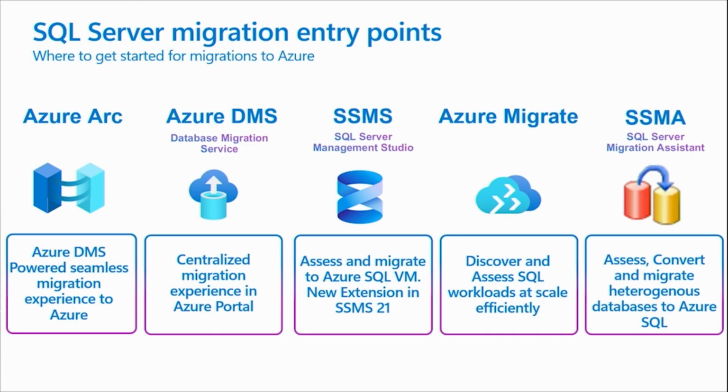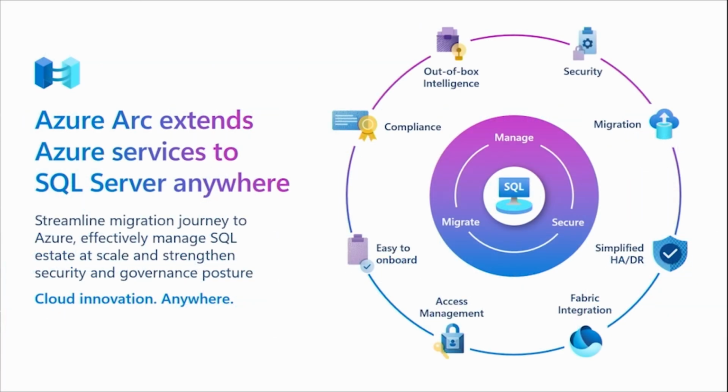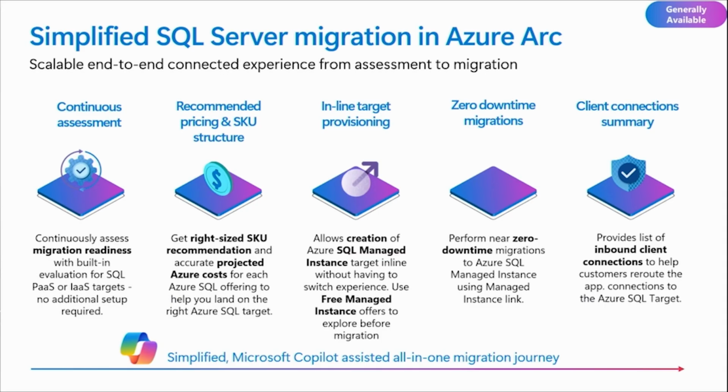Let's focus on Azure Arc for just a second, because how do you pick from all of these things? Well, Azure Arc is actually a great place to start to help you figure out where you need to land for picking the right PaaS database. Because there is now a new feature in Azure Arc, which is a simplified migration experience.